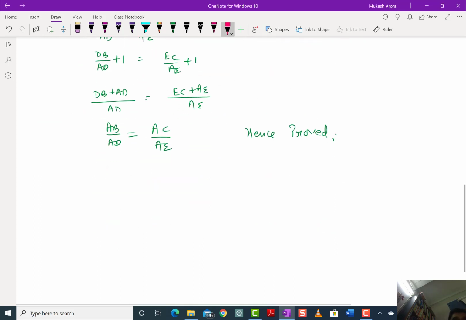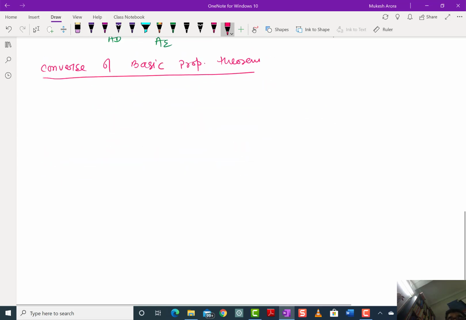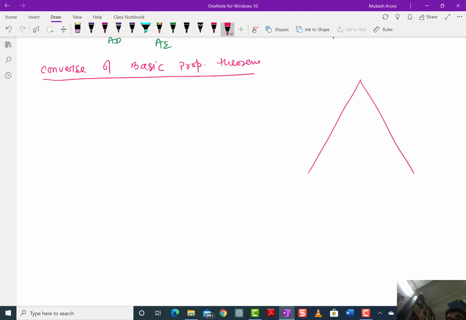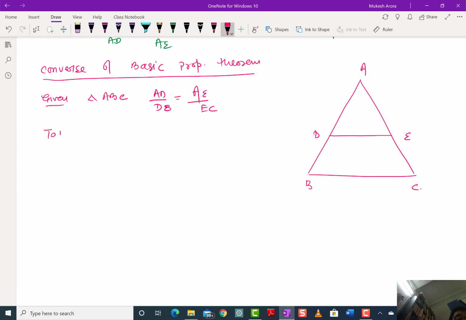Now the converse of the basic proportionality theorem. The converse of the basic proportionality theorem is: in triangle ABC, if a line divides the sides such that AD upon DB is equal to AE upon EC, prove that DE is parallel to BC.